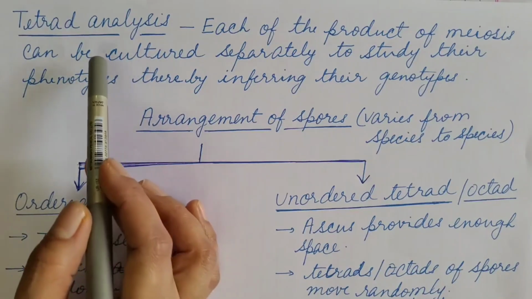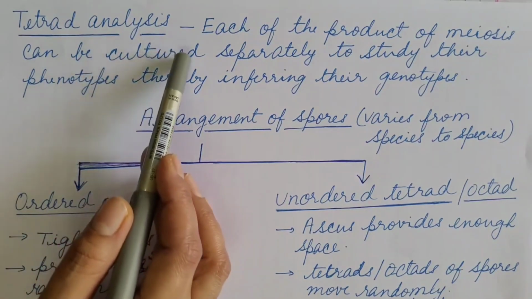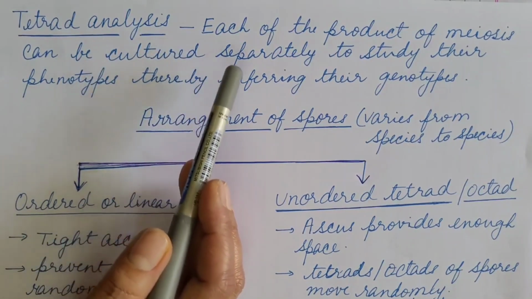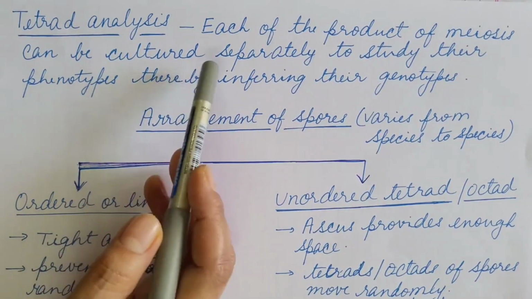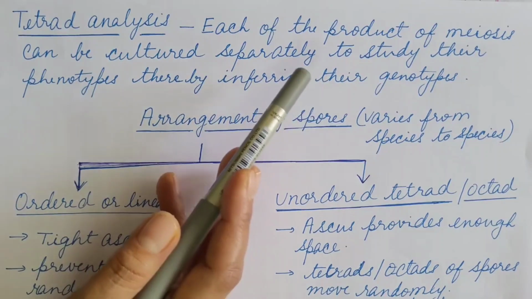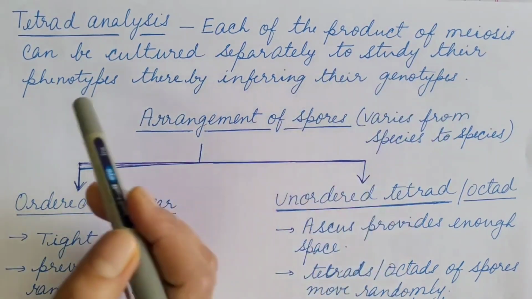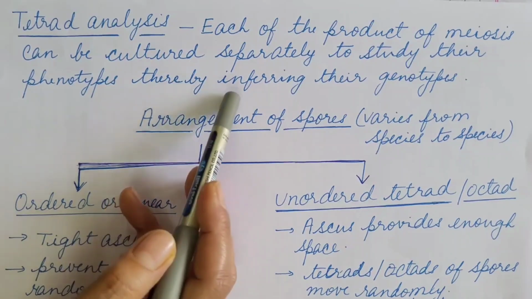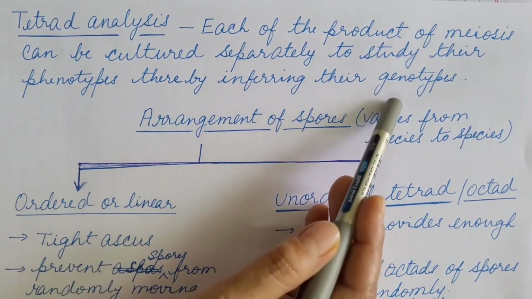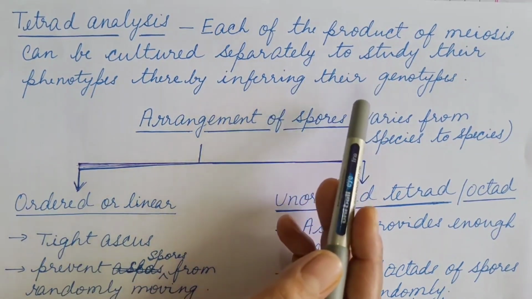So now let us discuss what tetrad analysis is. In tetrad analysis, each product of the meiosis can be cultured separately, and then these are used to study their phenotypes, and on the basis of the phenotypes their genotypes are inferred or deduced.